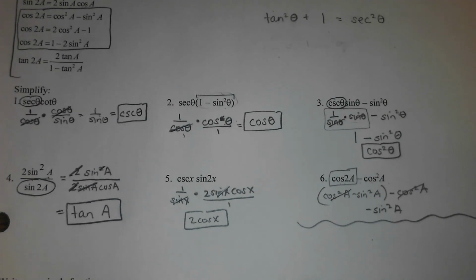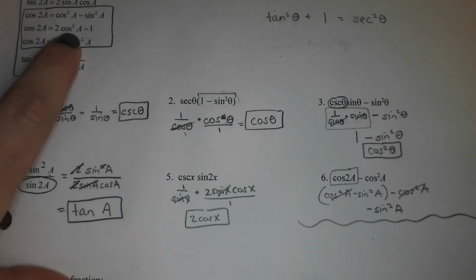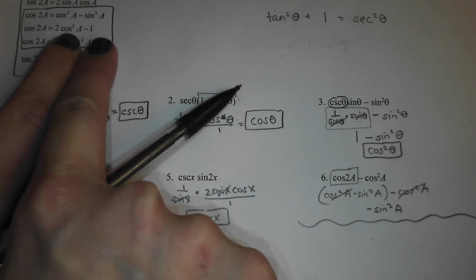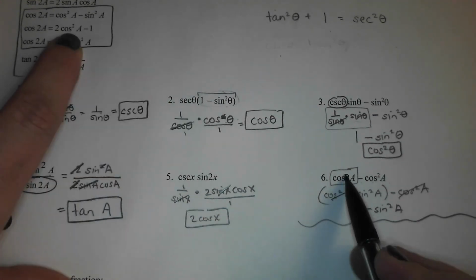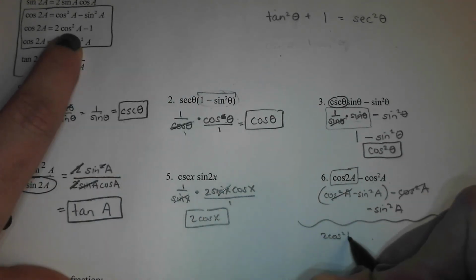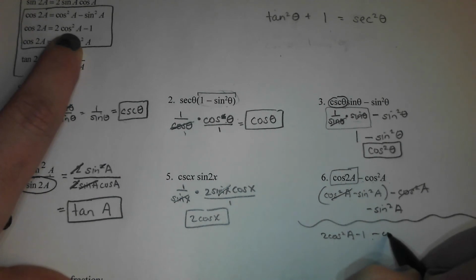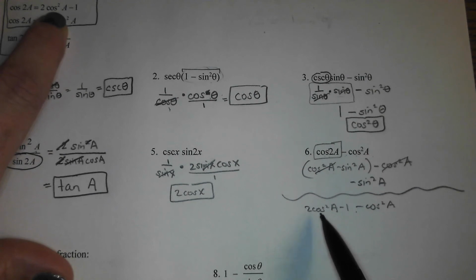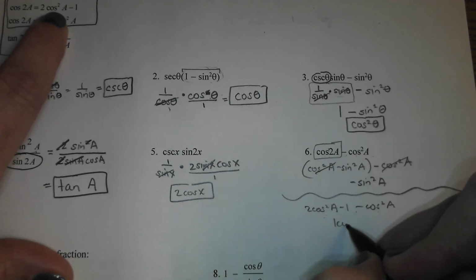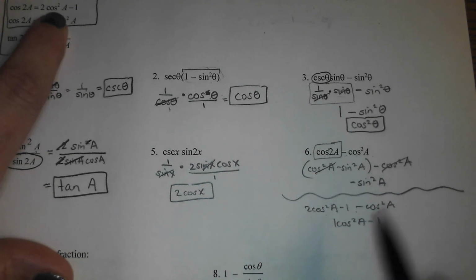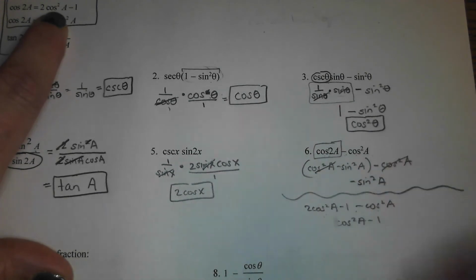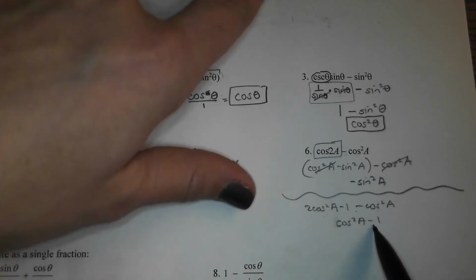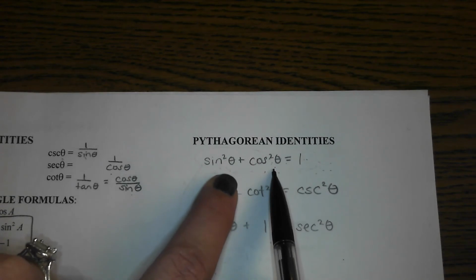Just pretend for a second that I picked a different one. It doesn't matter which it is. Let's pretend I picked the second one, 2 cosine squared of a minus 1. If I picked that one, it would be 2 cosine squared of a minus 1 minus the cosine squared of a. I can still combine like terms. What's 2 cosine squared minus 1 cosine squared? 1 cosine squared of a minus 1. And then cosine squared of a minus 1, think about rearranging.